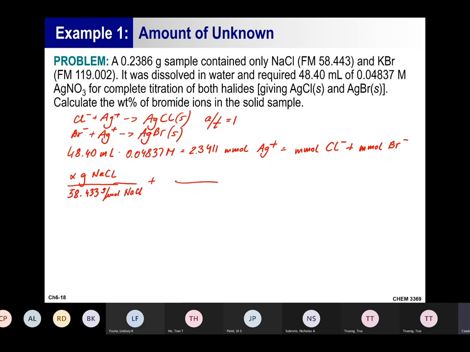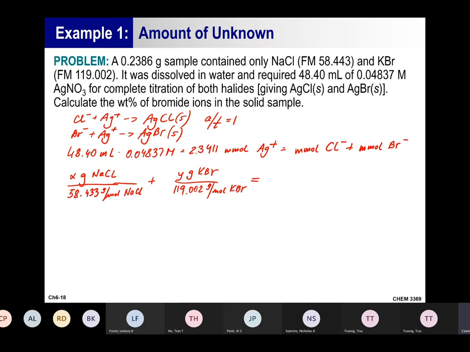So again, I don't know the mass of KBr, so I'm going to call it Y. So I have Y grams of KBr in my sample, divided by the formula weight, 119.002 grams per mole. This is KBr.